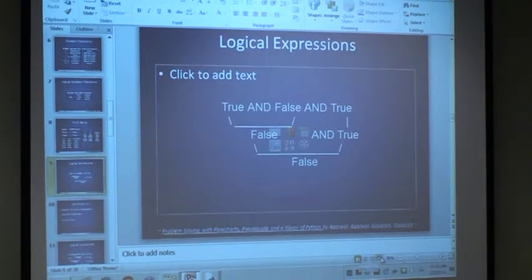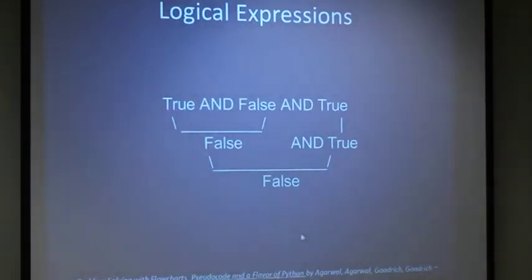But on a test, on any homework, if I ask you to evaluate an expression like this, now again we are discussing pseudocode and everything on paper, so I'm using capital A and D for it to stand out. So of course in Python you'll write lowercase. So since we have two ANDs, these are done left to right. And true and false is false. False and true is again false.